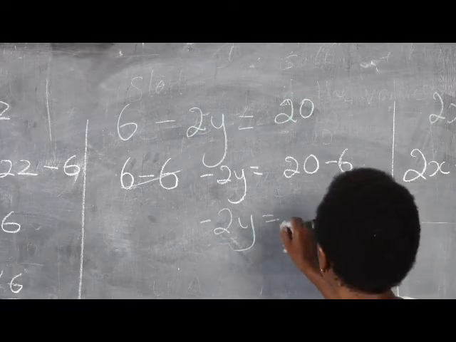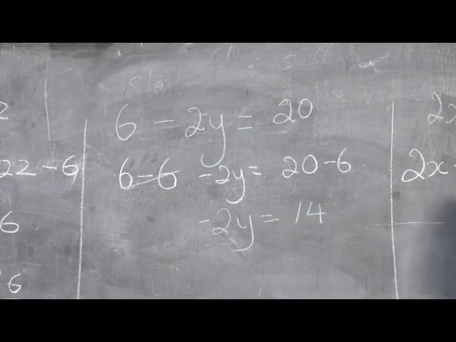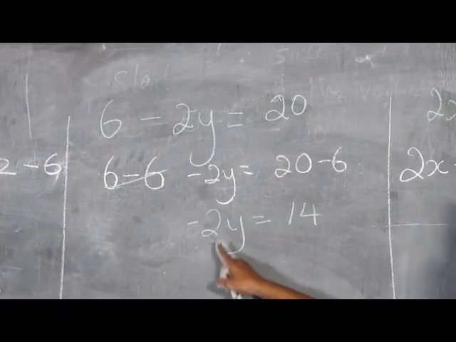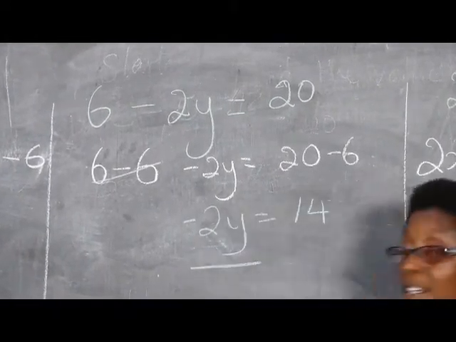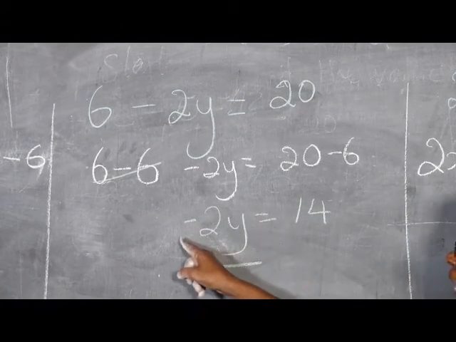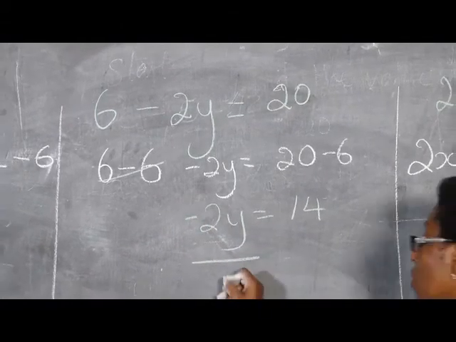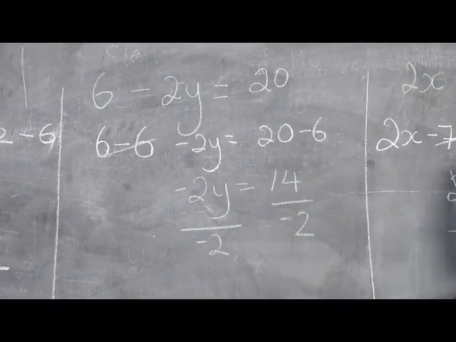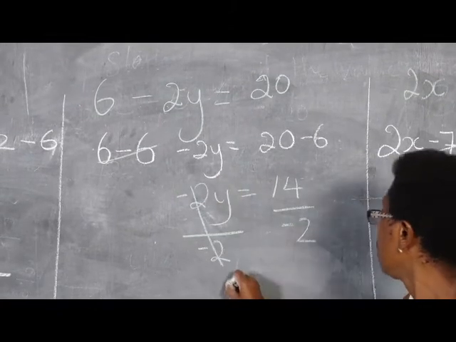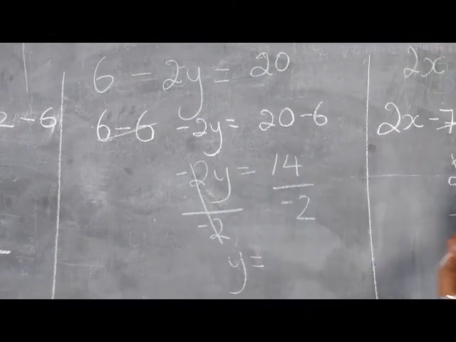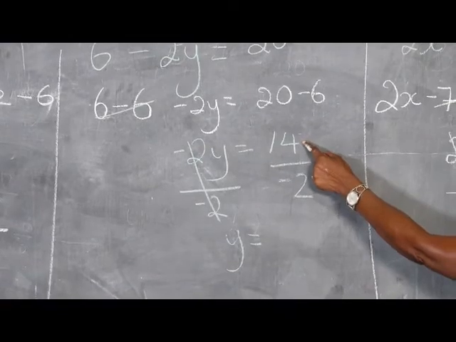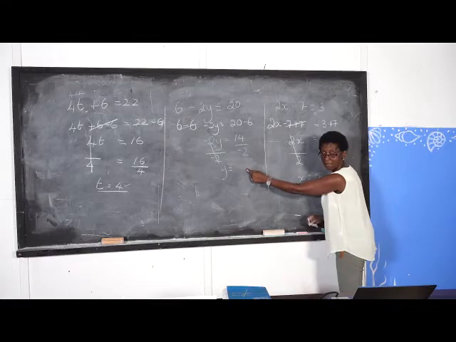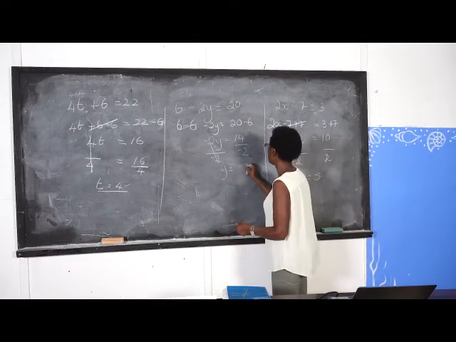And that equals to 14. It's a multiplication. The opposite of multiplied is to divide. So I'm going to divide not by 2 because this is a minus 2 times y. So I'm going to divide by minus 2 on both sides. Okay? So this goes, I've got y equals, I've said earlier on, a positive number divided by a negative number gives me a negative answer. So I've got minus 7.